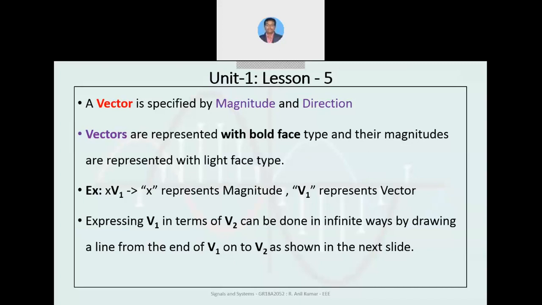Similarly, here also the vectors are represented with a bold face or bold font, and their magnitude with a light face type. As an example, we write x v1, where x indicates the magnitude and v1 is the vector.